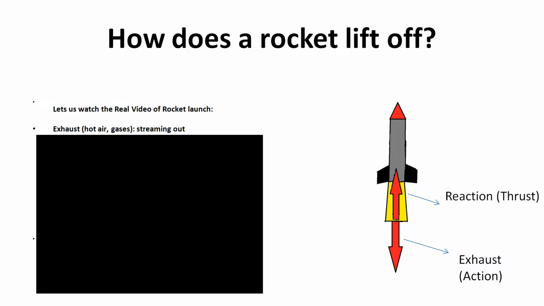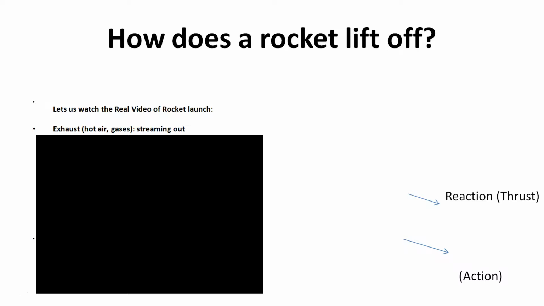This is again a diagram of a rocket. These are exhaust gases, that is the action, and for every action there will be an equal and opposite reaction. This upward reaction is known as thrust. So the rocket will move due to action.